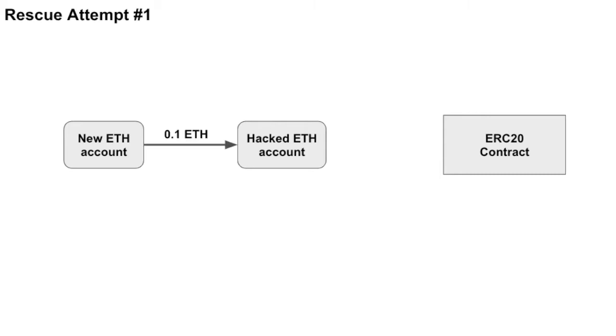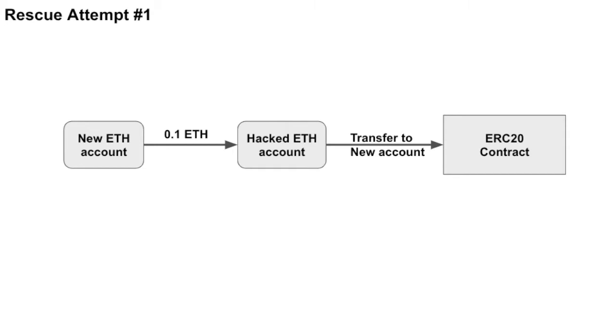So they'll think, okay, well, I'm going to take 0.1 ETH and I'm going to, at the right time, fund this hacked ETH account with enough to pay for gas on Ethereum so I can run a second transaction which transfers these ERC20 tokens to a new address, often this account here, but it could be anywhere, somewhere outside of the control of this hacked ETH account.